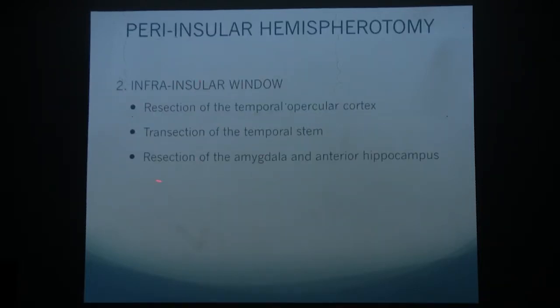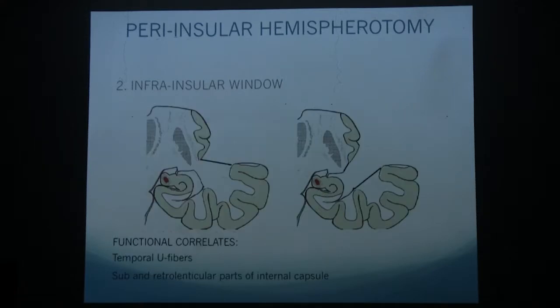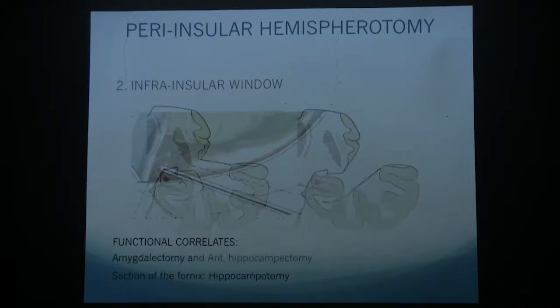And then you go on to the temporal side, and there you remove, like you saw before, the temporal opercular cortex. You cut the temporal stem to reach the ventricle. And there, in the process, you deal with the temporal U fibers, and on your way to the ventricle, what you're actually disconnecting, as Pablo showed you in good images, are the sub- and retrolentiform parts of the internal capsule.